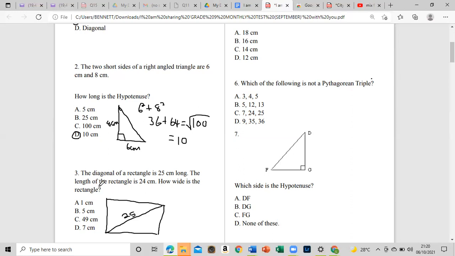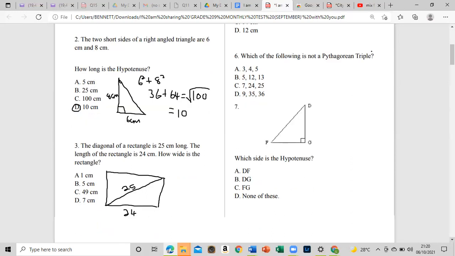And the length of it would be right here. This and this have the same length, so this is 24 and this is 24. Alright, I think I should go up so you guys can see what's happening. They ask us to find how wide, which is the width.